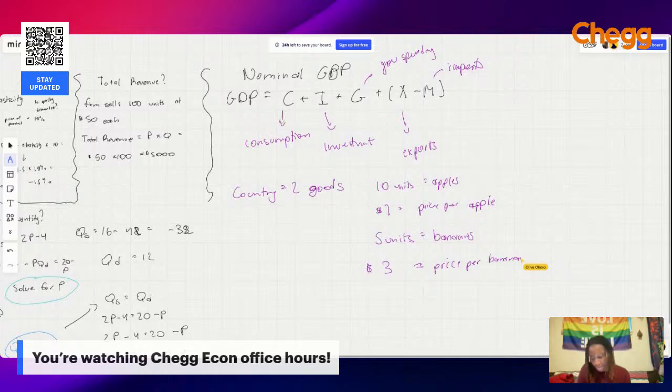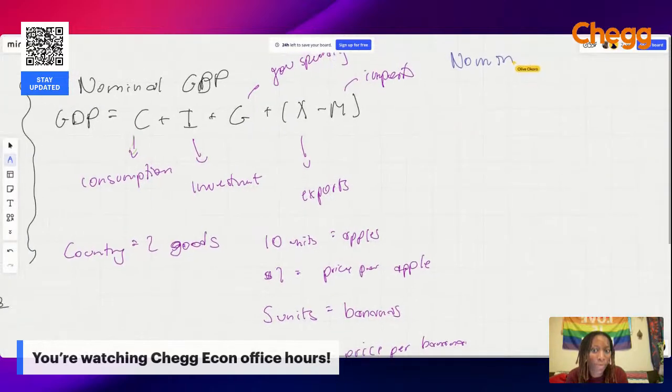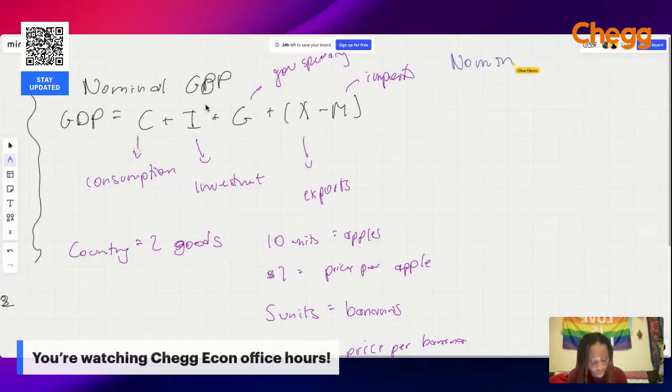And with that, you can find nominal GDP by doing this simple formula. Let me change the color for it so it's easier to see. Okay.